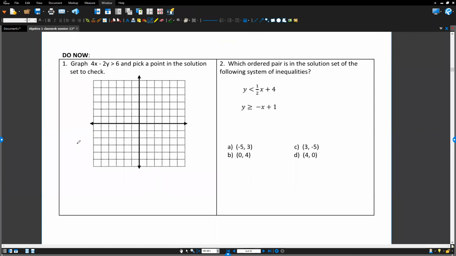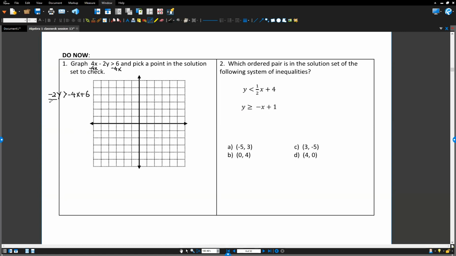4x minus 2y is greater than 6, and pick a point in the solution set to check it. So make a graph of it. Minus 4x, minus 4x. So we get negative 2y is greater than negative 4x plus 6.